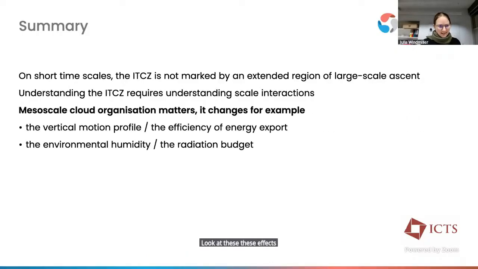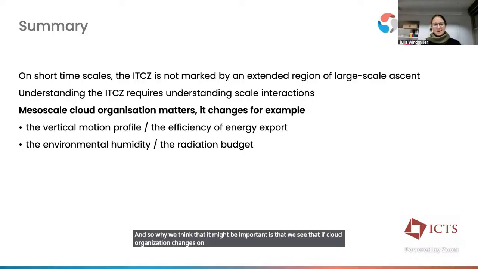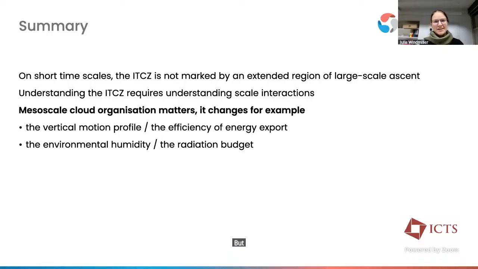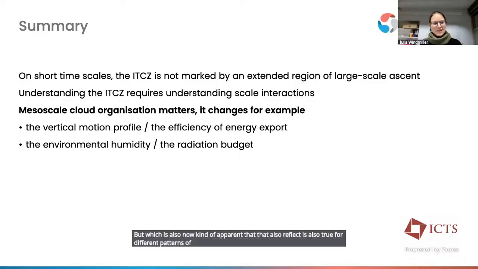And so why we think that it might be important is that we see that if cloud organization changes on the mesoscale, that impacts the vertical motion profile. For example, as has been long known in mesoscale convective systems, but which is now also apparent for different patterns of cloud organization.